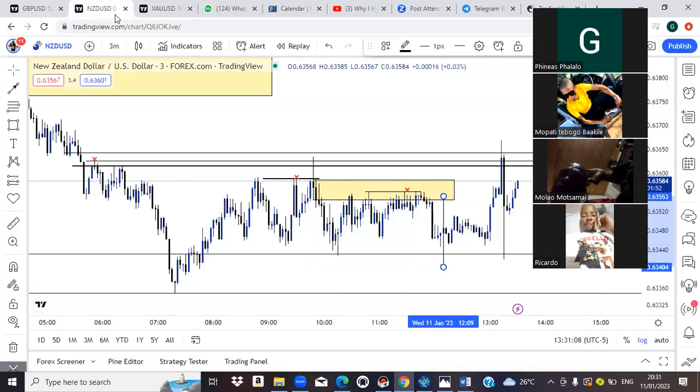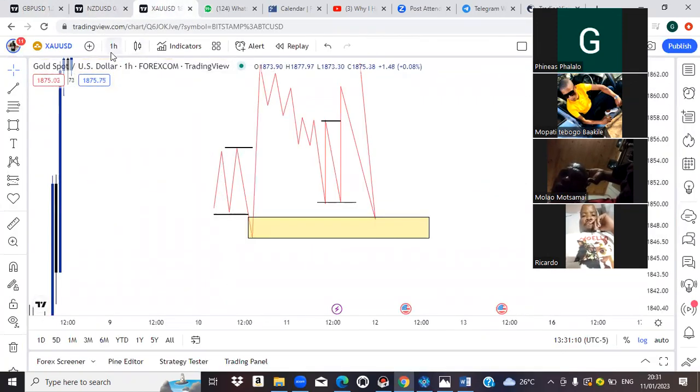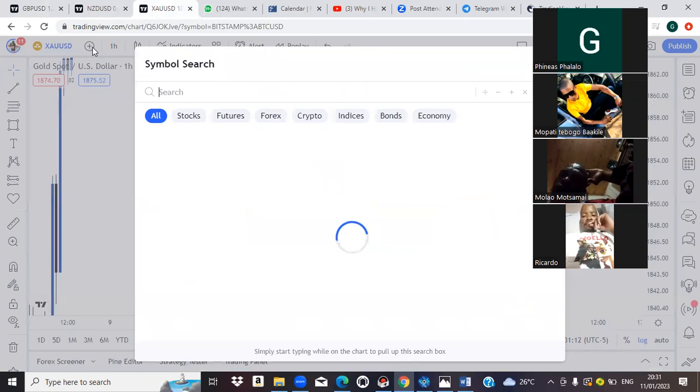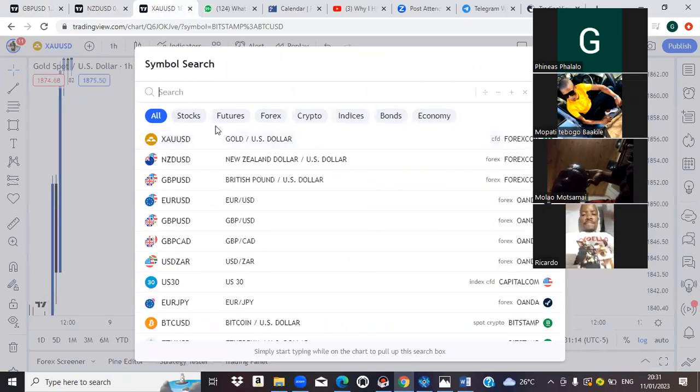Whether you trade stocks, forex, crypto, or indices, you can use fundamental analysis. What about synthetics?